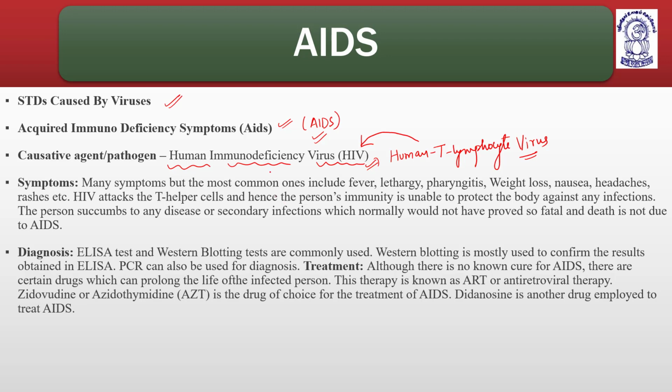So AIDS, acquired immunodeficiency syndrome, is a syndrome, not symptoms. Syndrome simply means a collection of symptoms.